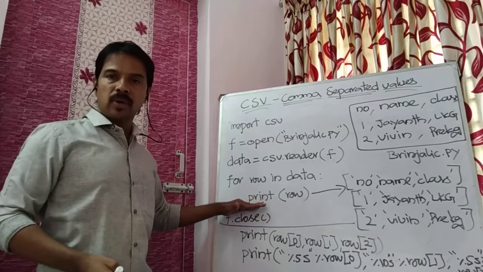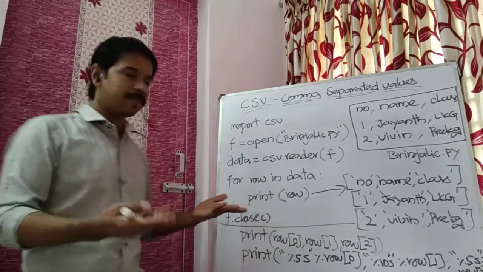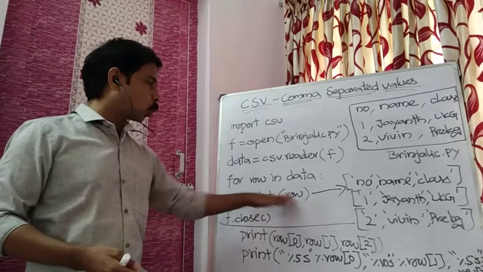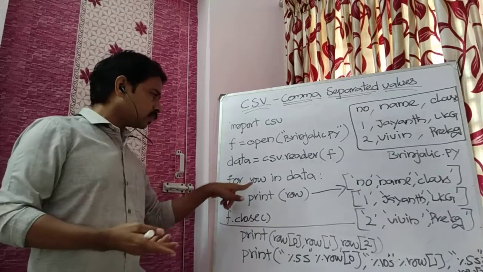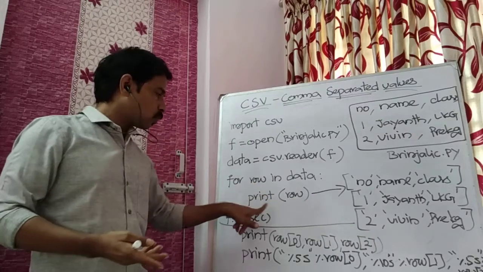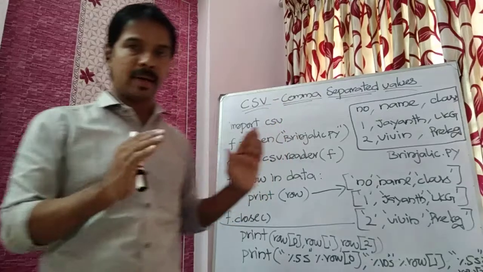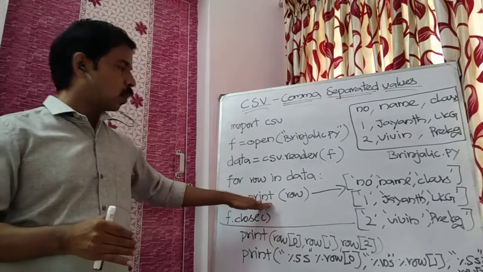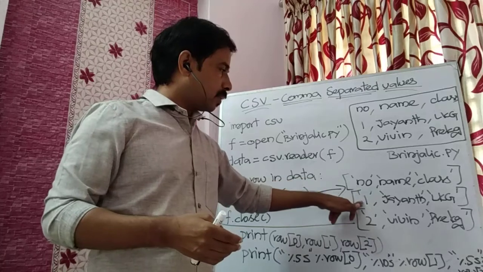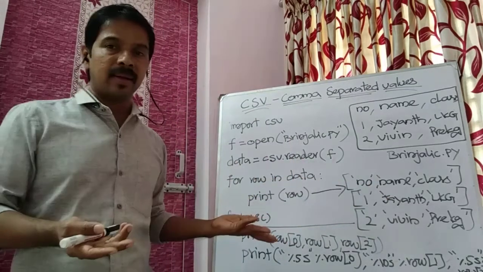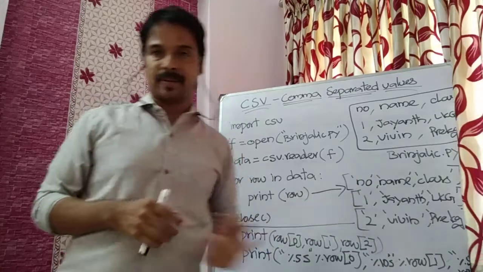First I used the simple print format, the same way as we have been doing so far. When you print row, instead of row you can give any name, but here I am giving row. Print row prints as such what is on the screen, but whatever you read is in string format, so even numbers and letters will all be printed as strings inside a list.